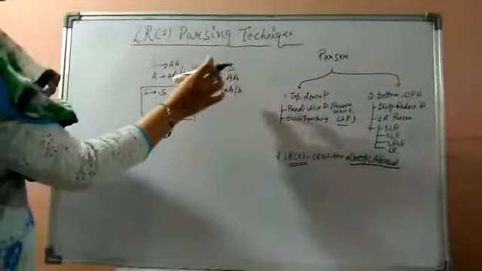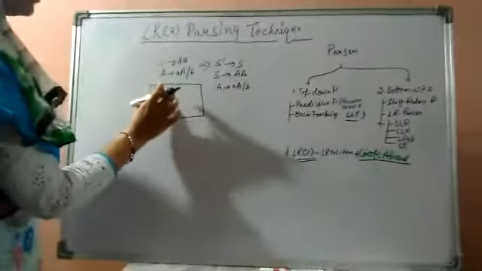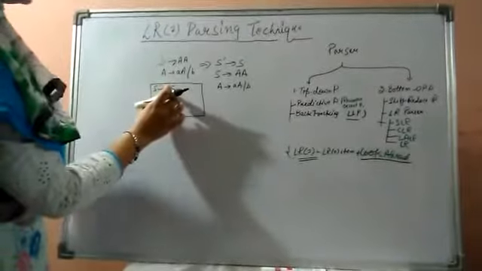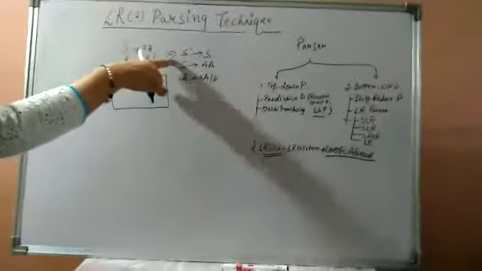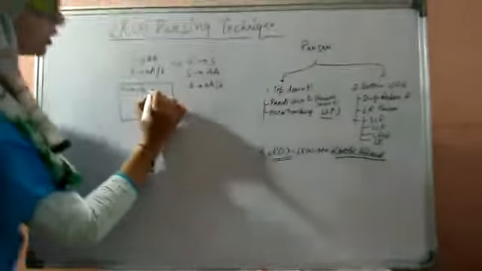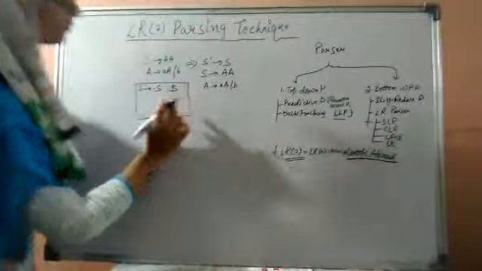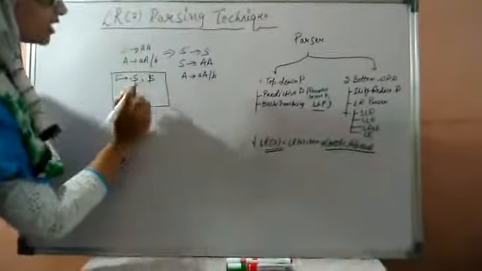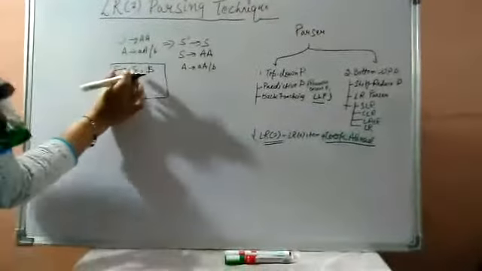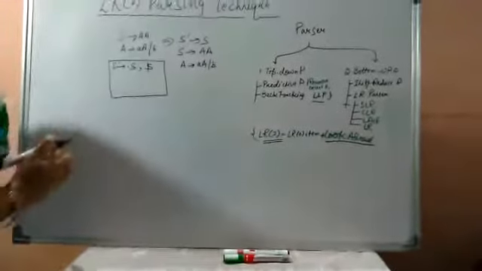First of all, when we are finding the closure of the augmented grammar, the lookahead symbol for the augmented grammar will always be the dollar. Remember, this comma is just the separation between the LR0 item and the lookahead.